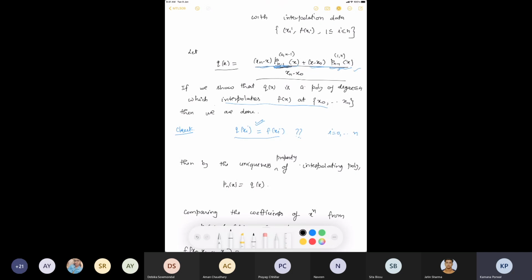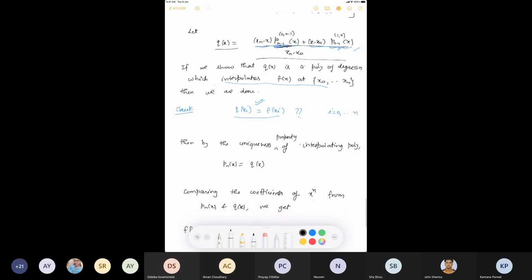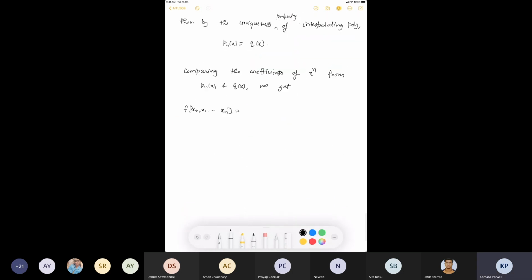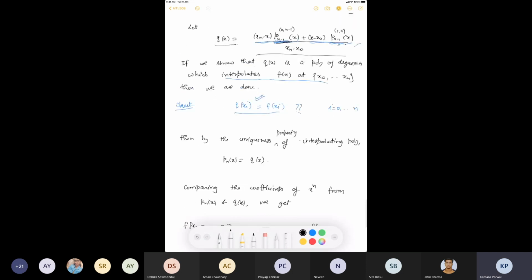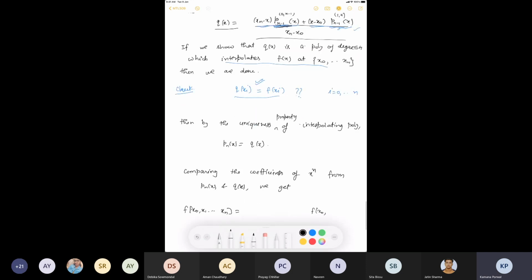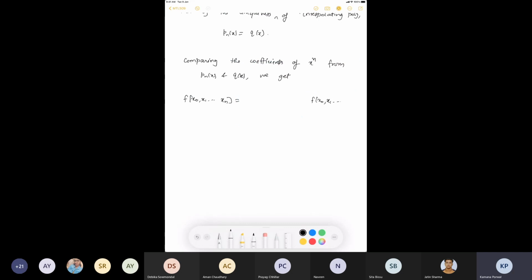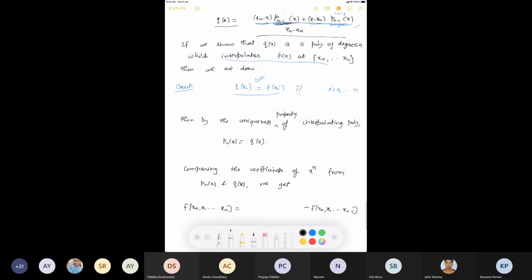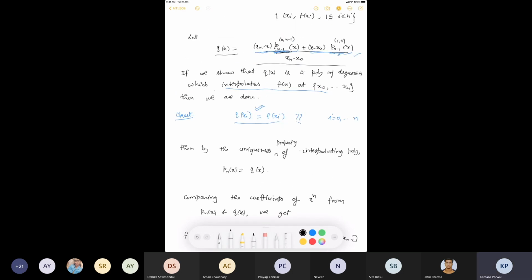And what is that coefficient? It is going to be f[x0, x1, up to xn minus 1] with the minus sign, because I'm multiplying it with the minus x here.